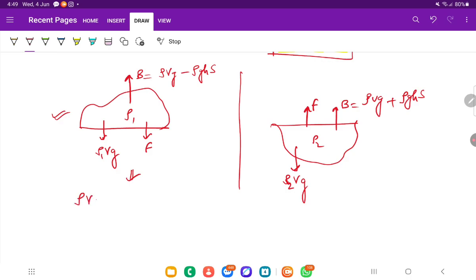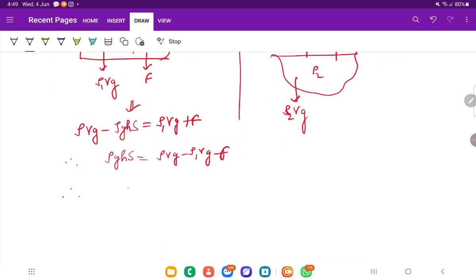So the upward forces are rho Vg minus rho gh into S, and the downward forces are rho 1 Vg plus F. From here we will get rho Vg, and we're supposed to find h, right? So let's keep the rho ghS terms on one side and the other terms on the other side.